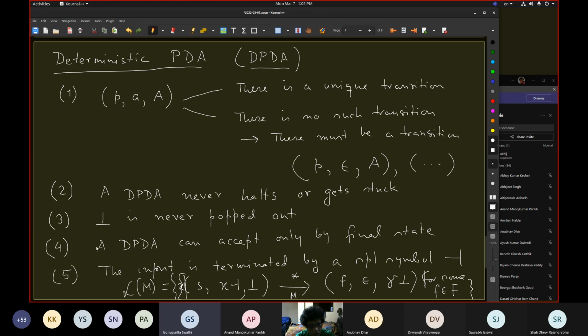So that means it can accept only by final state. And the input is terminated by the special symbol, not in the input alphabet, to indicate that the end of input is reached. So you can now deterministically do something, take a decision, something like that.